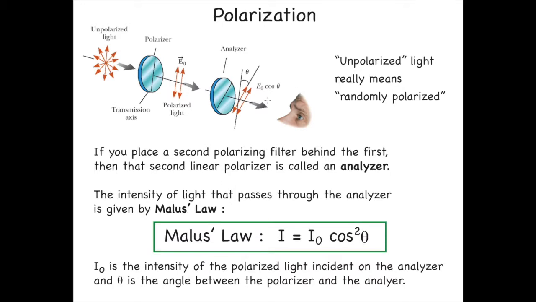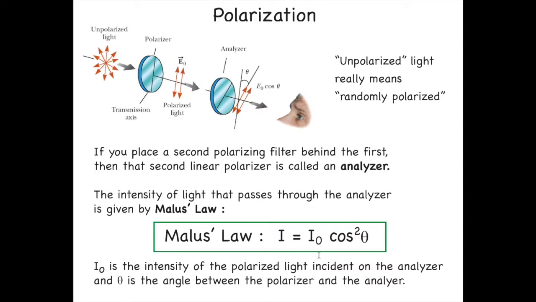We can find out how much light will make it through using what's called Malus's law. That says if you take the amount of light before the filter, right, this is the amount of light before the filter. We're looking at the analyzer here, filter 2, and we look at the relative angle. Right, so this really should be like a delta theta, but they call it theta, so we'll keep that notation. We want the relative angle between the polarized light and the transmission axis of the analyzer, and we take the cosine of that squared and multiply it by the initial intensity, and that's how much intensity comes out.